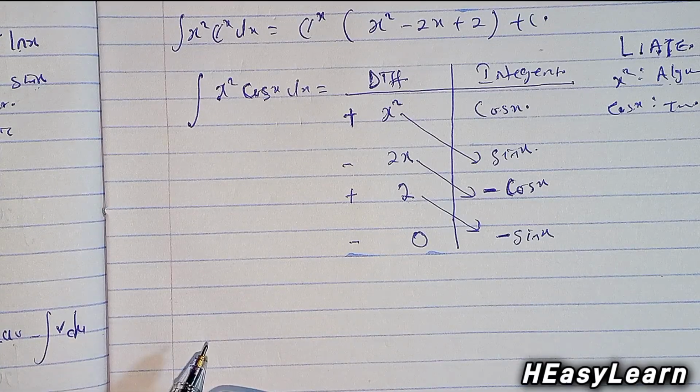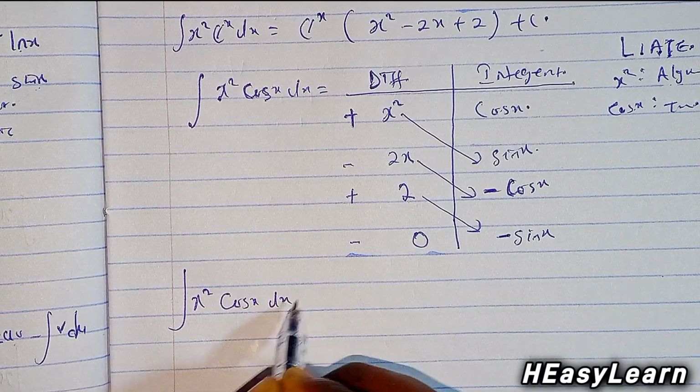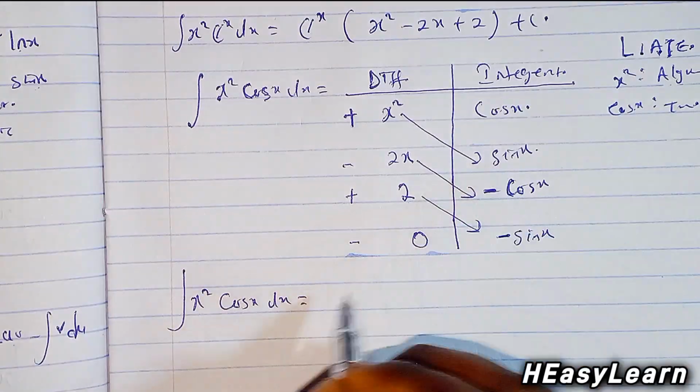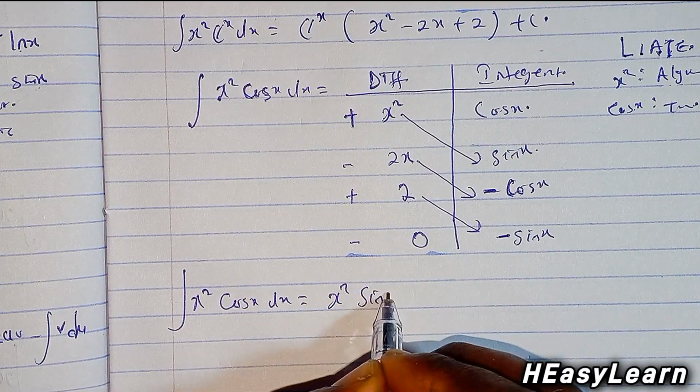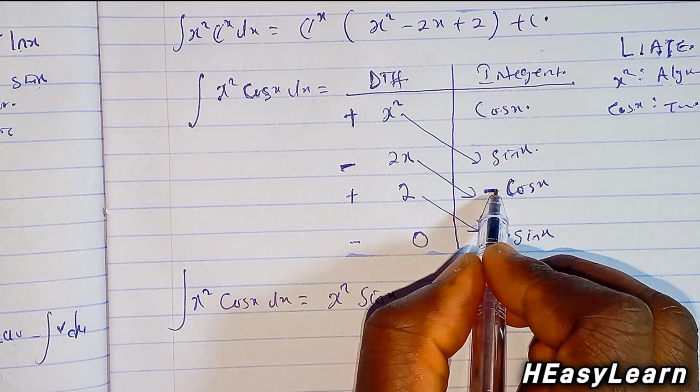So the integral of x squared cos x dx equals x squared sin x, minus 2x multiplied by minus cos x.